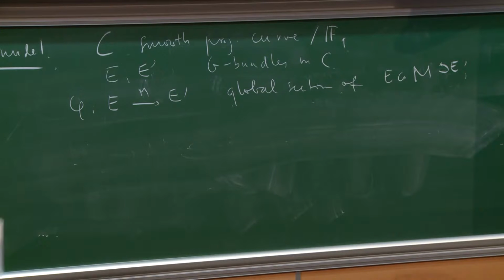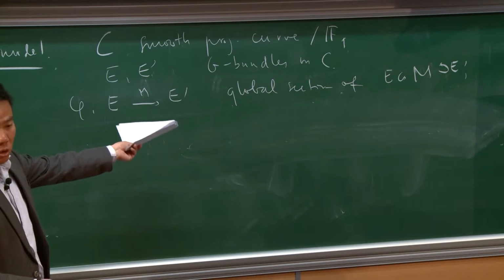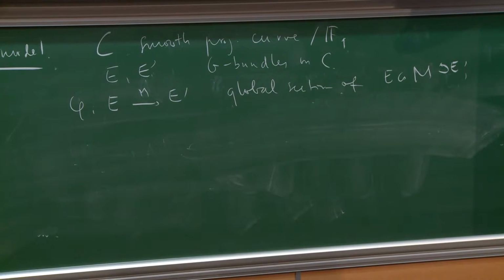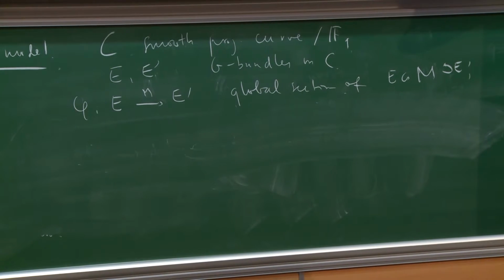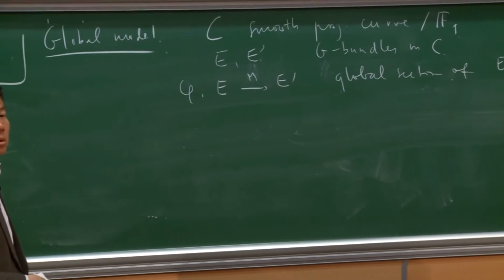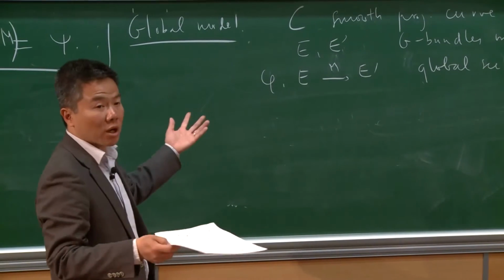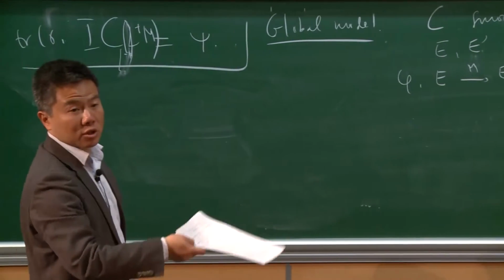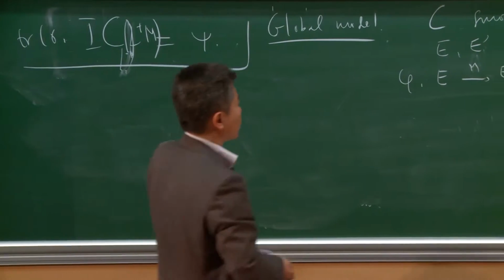So if you are given a monoid, you can also define morphisms of G-bundles. You have two actions, on the left and the right, you can twist it, and you can also compose, because it's a monoid.